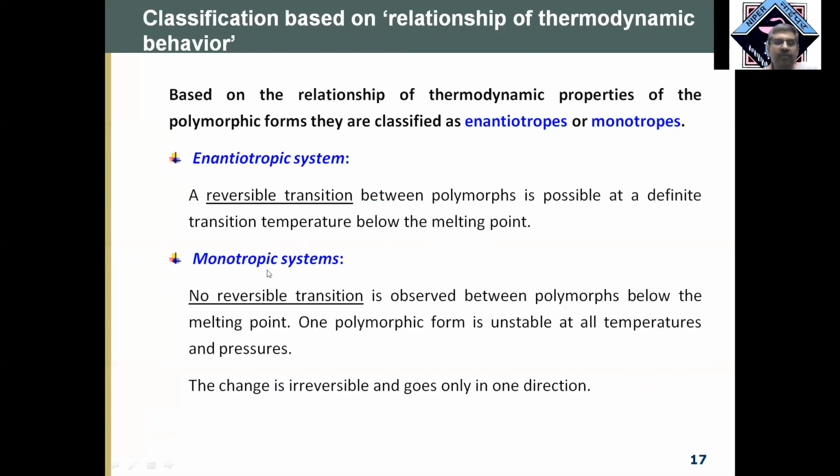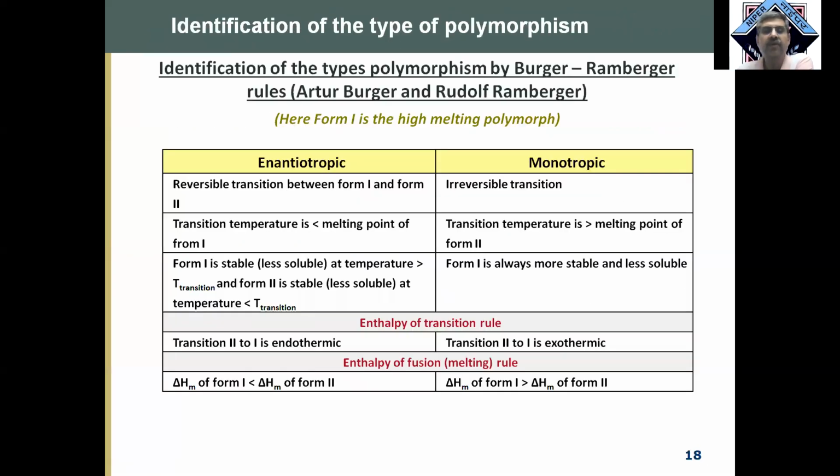While for a monotropic system, there is no reversible transition between polymorphs below the melting point. One polymorph is unstable at all temperatures and pressure. The change is irreversible and goes only in one direction, and the change is always from the metastable form to the stable polymorphic form.